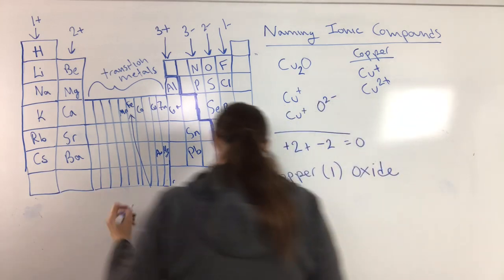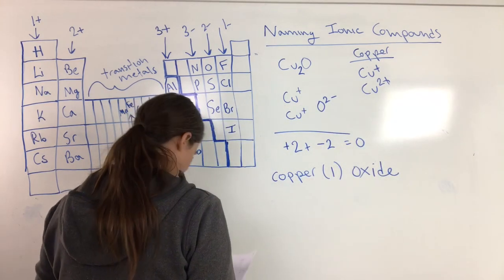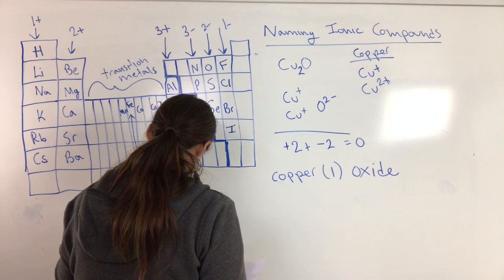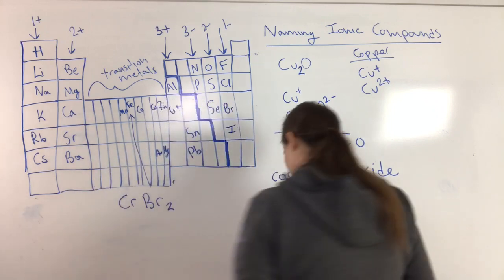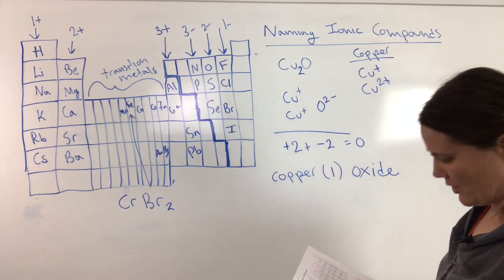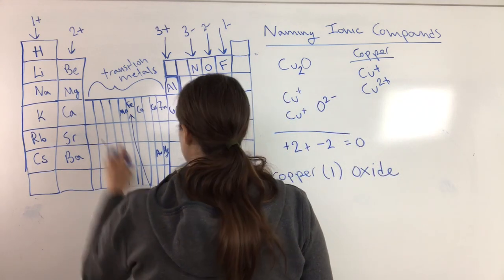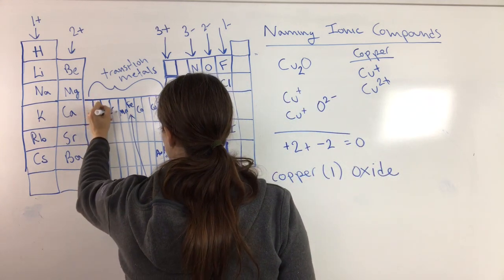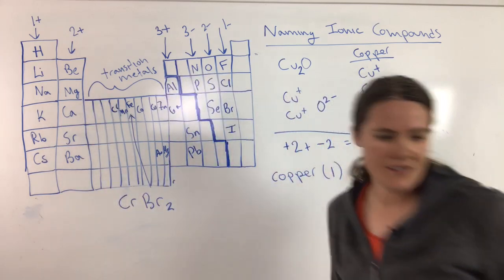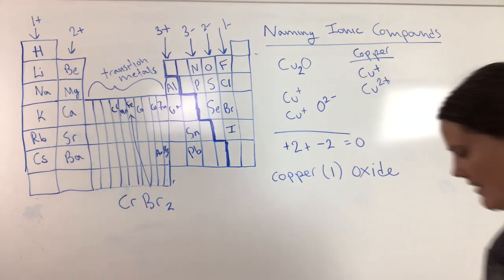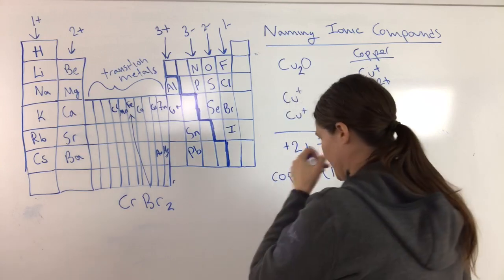Okay, let's say that we have chromium and bromine. What we want to do is figure out where chromium is on the periodic table. It is right here. So chromium is a transition element, so we can assume that it has a variable charge.